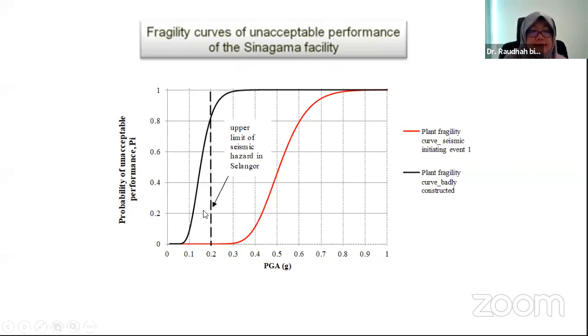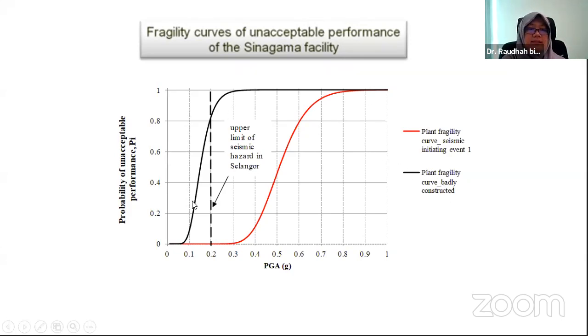The hazard in Malaysia, you see this dotted vertical line, shows the upper limit for seismic hazard in the case study region, meaning the hazard is very low, and the facility is very, very safe. Therefore we created another case where, let's say, the facility is badly constructed.